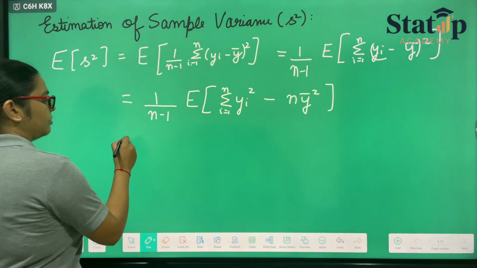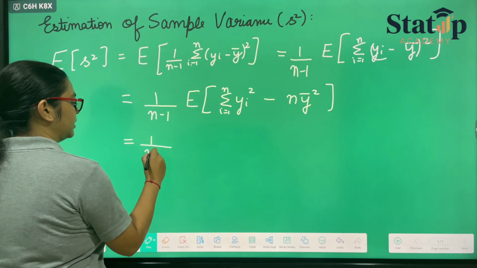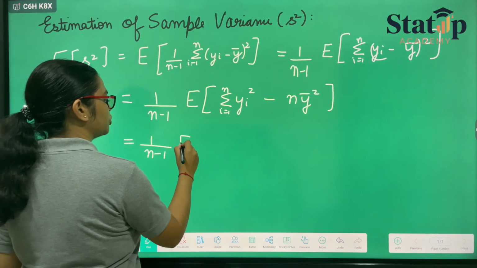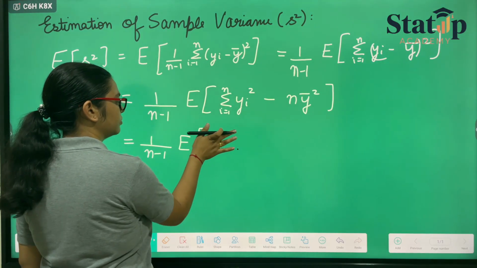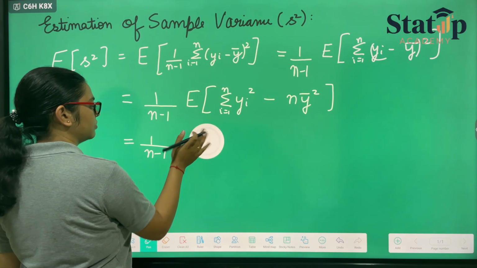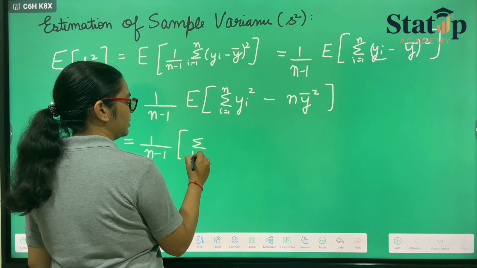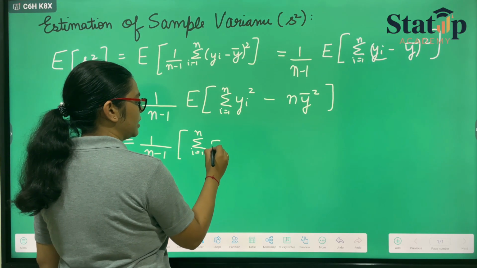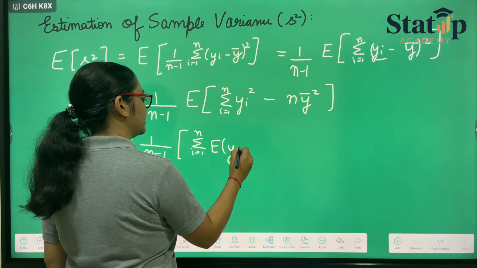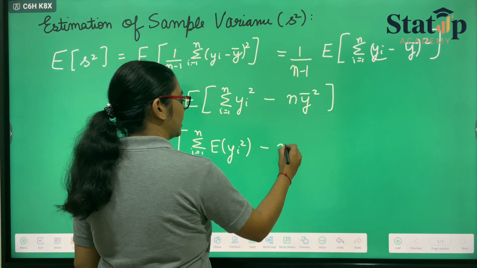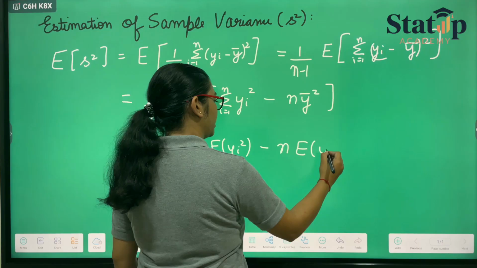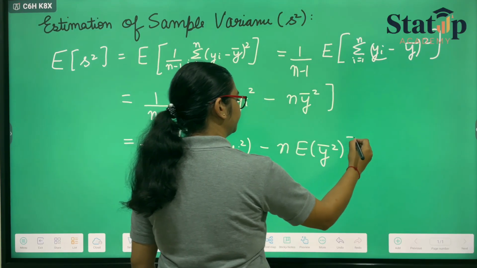Taking in the estimation, we get 1 upon n minus 1 summation i goes from 1 to n estimation of yi square minus n estimation of y bar square.